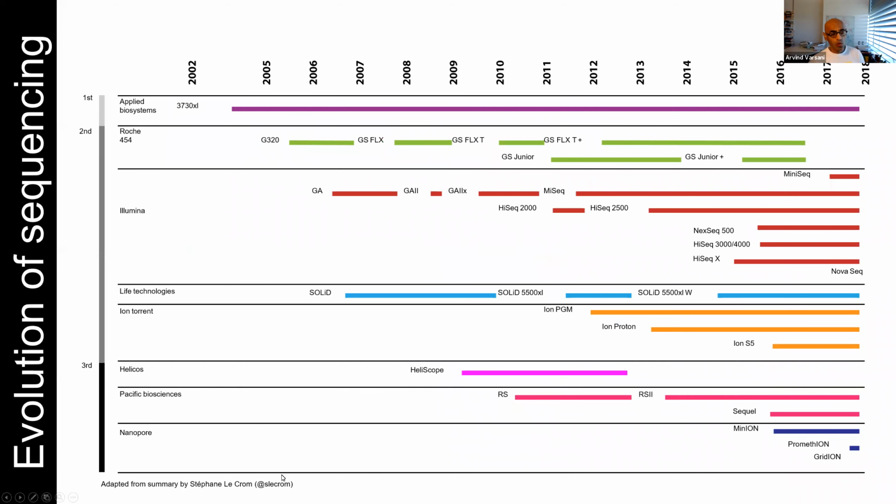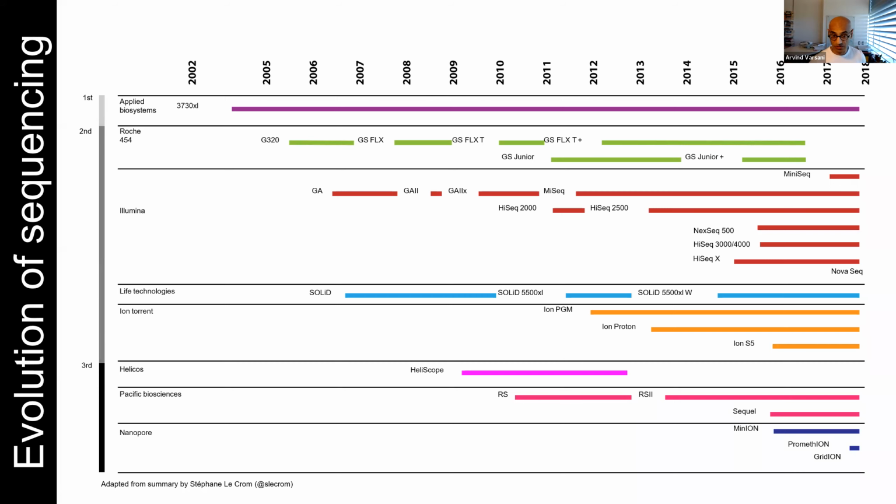What has happened over the last decade and a half is that sequencing technologies have changed, and they have enabled us to get really large amounts of data from uncultivated organisms. As a result, we're discovering large amounts of new viruses, primarily as a result of the second and third generation sequencing platforms.